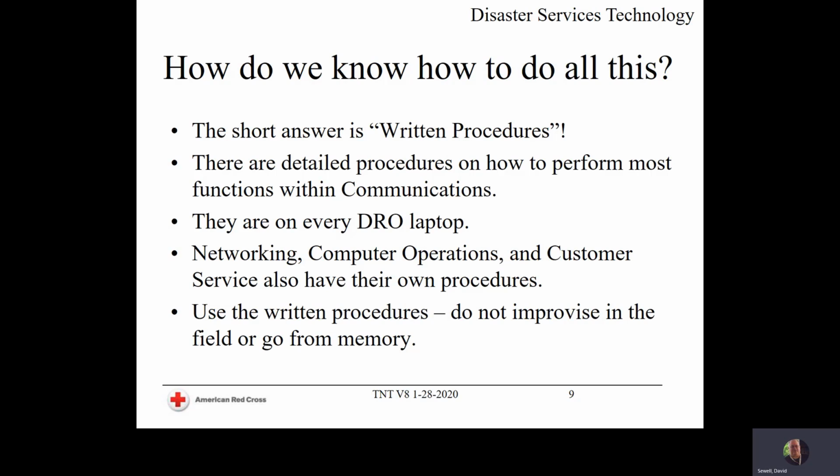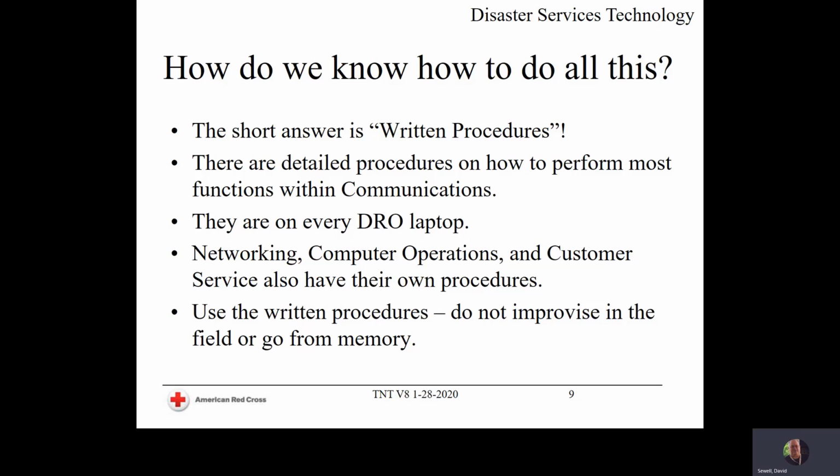So how do we know how to do all these cool things in communications? Well, there are written procedures, and our written procedures in DST are called disaster service technology procedures, or disaster technology procedures. You'll learn to love those because they'll help you be really good in the job you're doing.